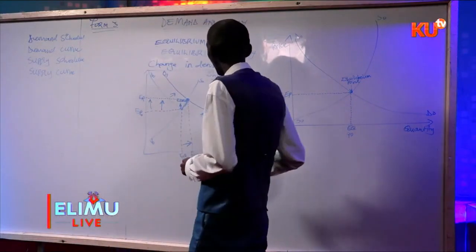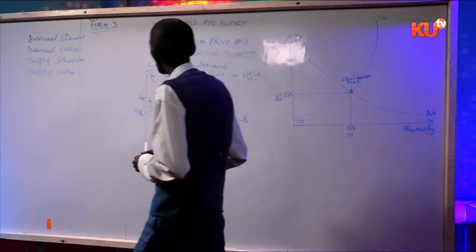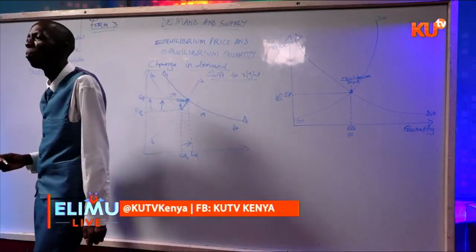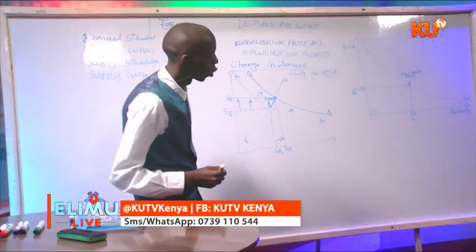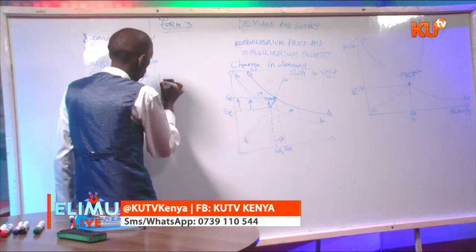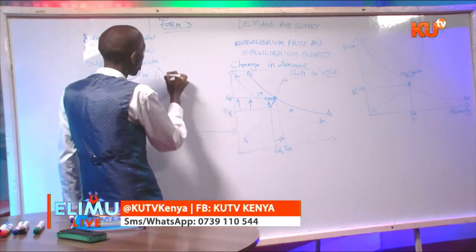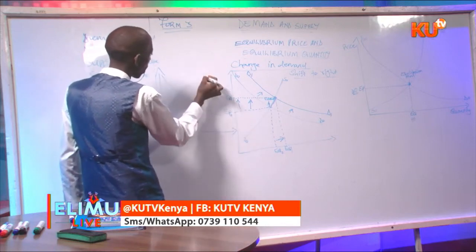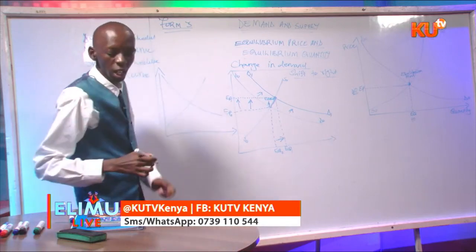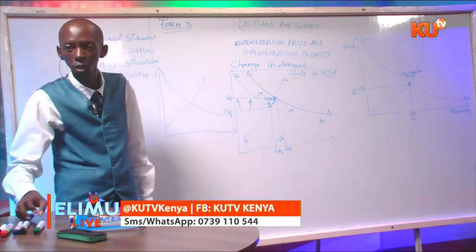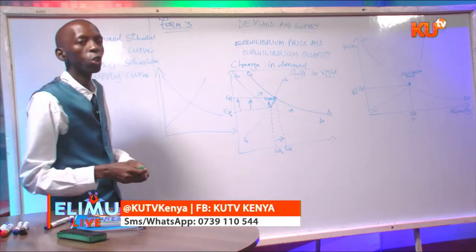I hope that, my dear student, you have understood that. A demand curve may also shift to the left. What would happen to the equilibrium point, price, and quantity if it shifts to the left?